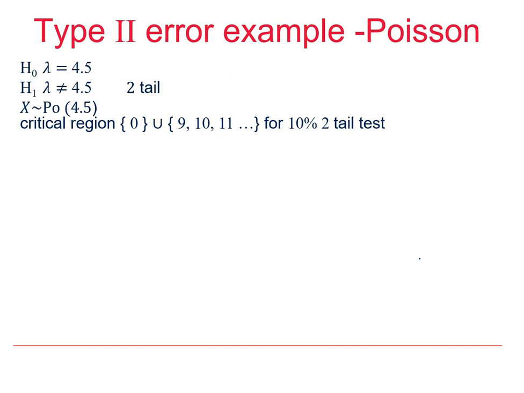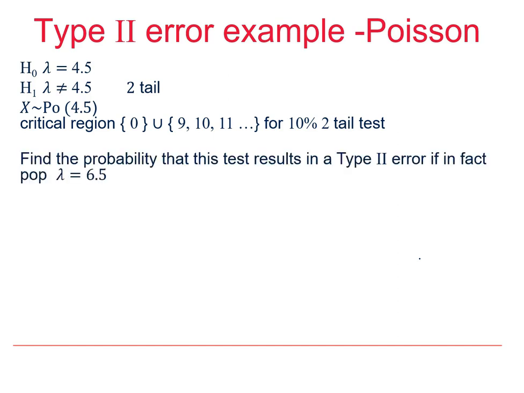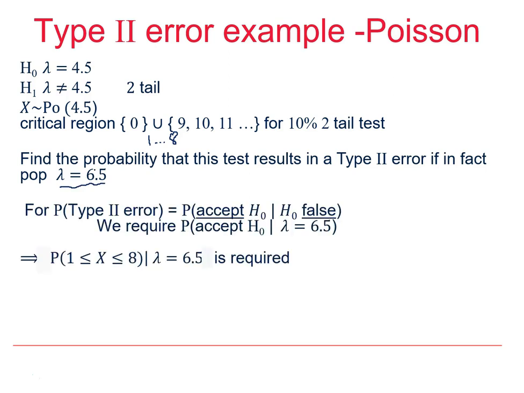So where we've got to is we know we're going to reject at 0 or 9 or more breakdowns in the month following the new schedule, but if we want to work out the probability of a type 2 error, we need to find the probability we accept the null hypothesis. So obviously that's going to be the opposite of this. It's going to be getting the outcome 1 to 8, and of course we use our new bit of information that actually the population mean has changed to 6.5.